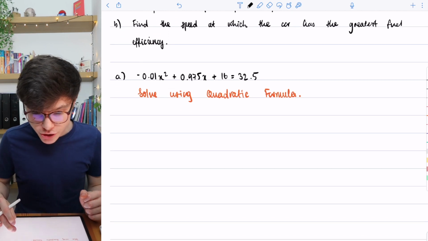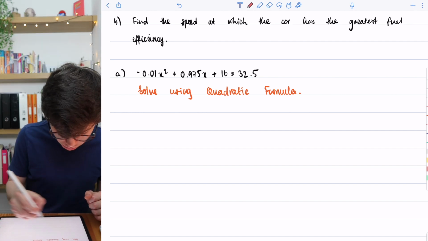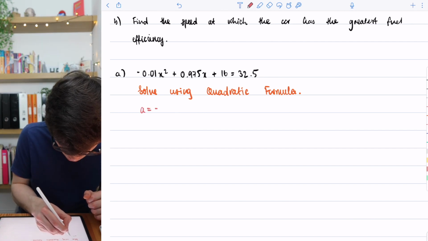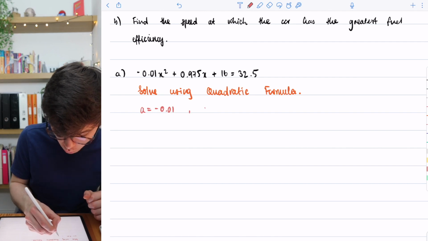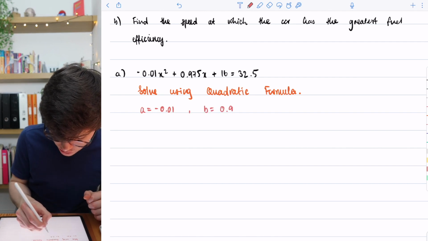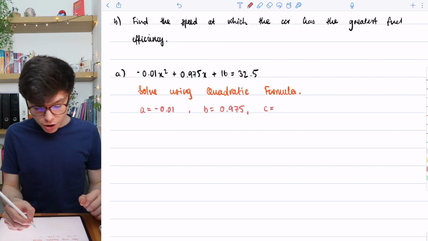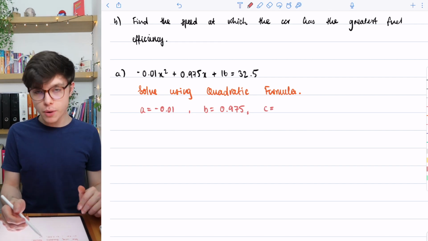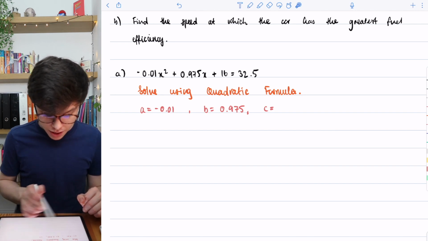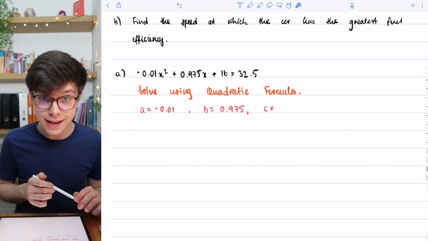Alright, so when we do that, what we are going to get is, we will write in red, a is equal to minus 0.01, b is equal to 0.975, and c is, well, what are we going to need to do first before we work out our value of c, okay? We need to get our quadratic equal to 0.